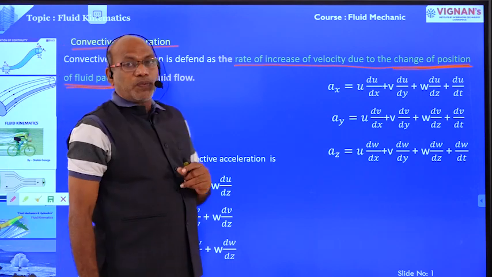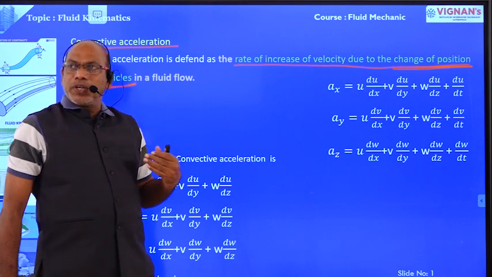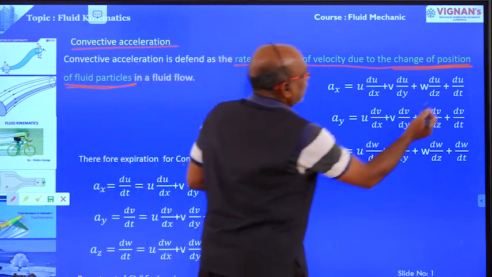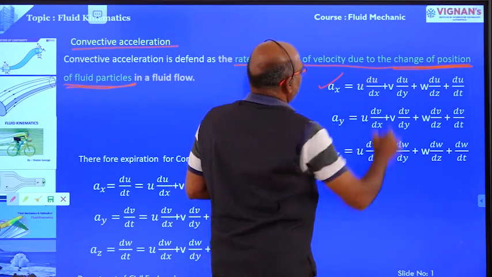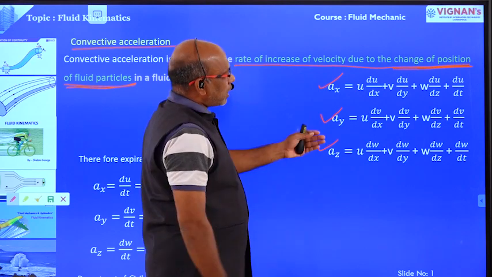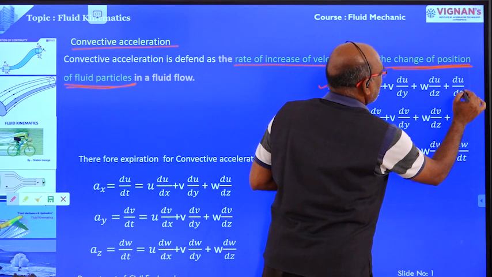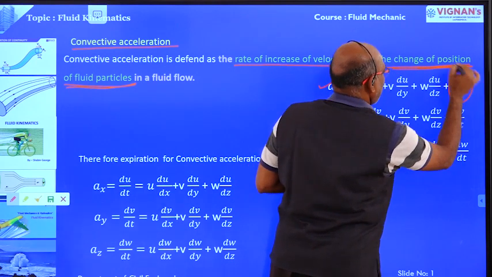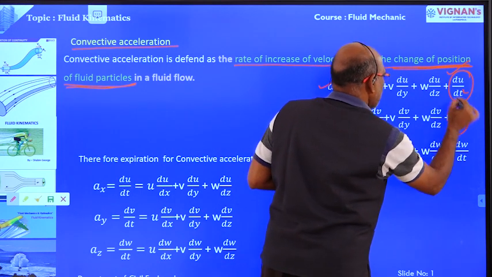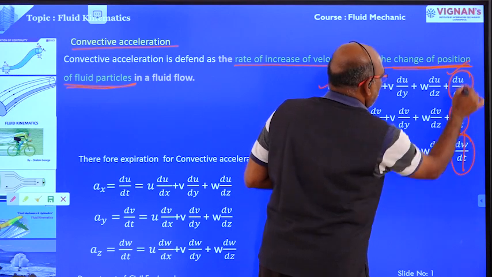Therefore this does not depend on time. So this is the acceleration in x direction, acceleration in y direction, acceleration in z direction. These three I have already determined, so this does not depend on time. Therefore this term is neglected in x direction, in y direction, and also in z direction.